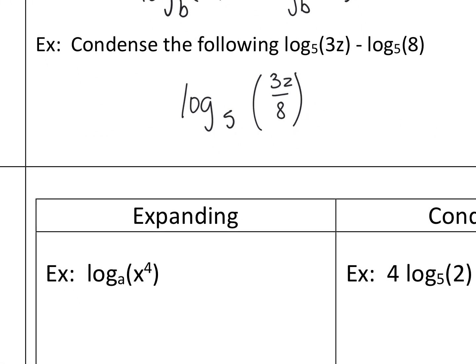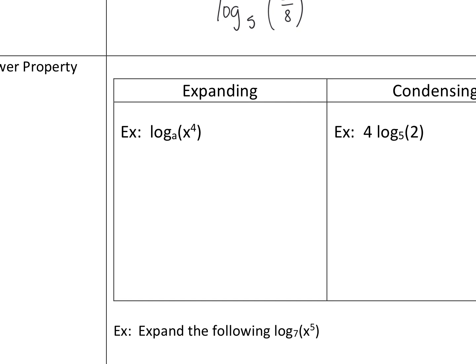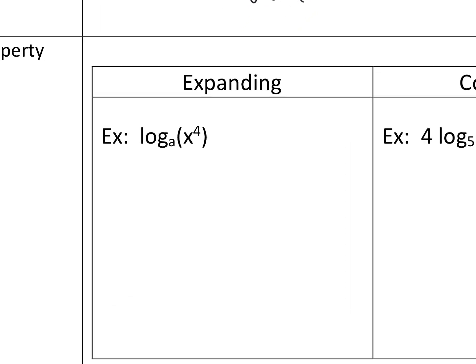Good question. Okay, last property that we got, power property. Here's the deal with power property. When we are expanding, we want the power to be in the front. So how we would write this would be 4 log base a of x. Nothing else moves besides the power. The base stays where it is.